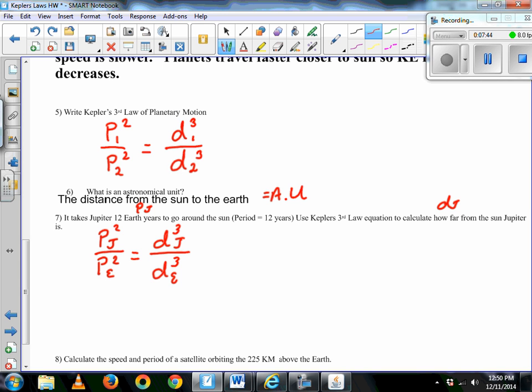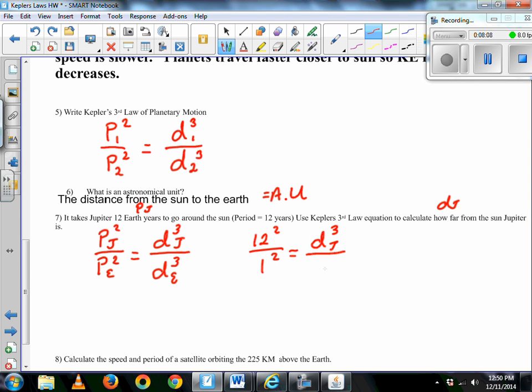So let me put the stuff I know. I know that period of Jupiter, this right here, is 12. I'm going to square that. Earth's period is 1 year. It takes Earth 1 year to go around the sun, so I'm going to square that. The distance of Jupiter is what I'm trying to find, so I'm going to put cube next to d sub j.